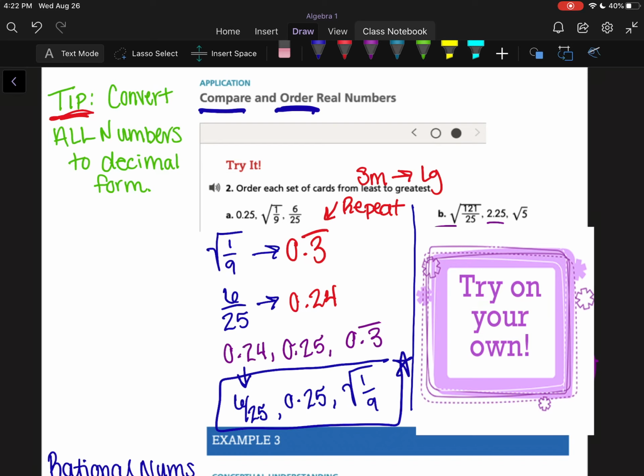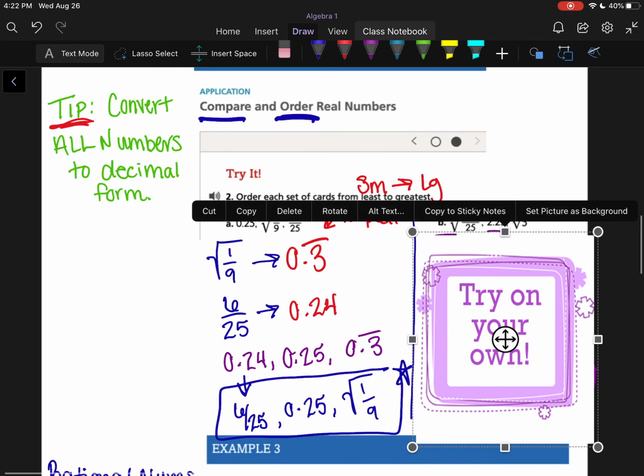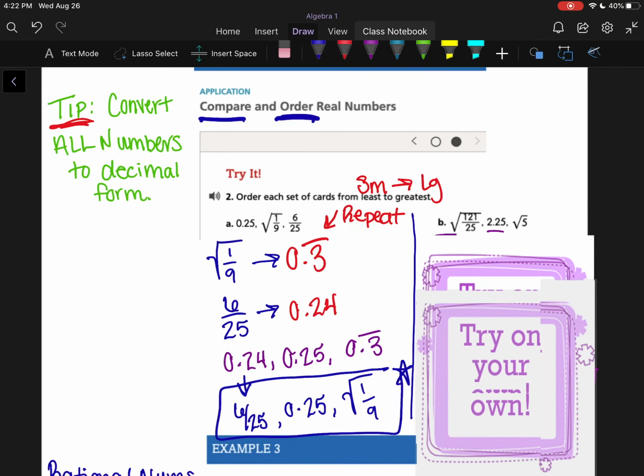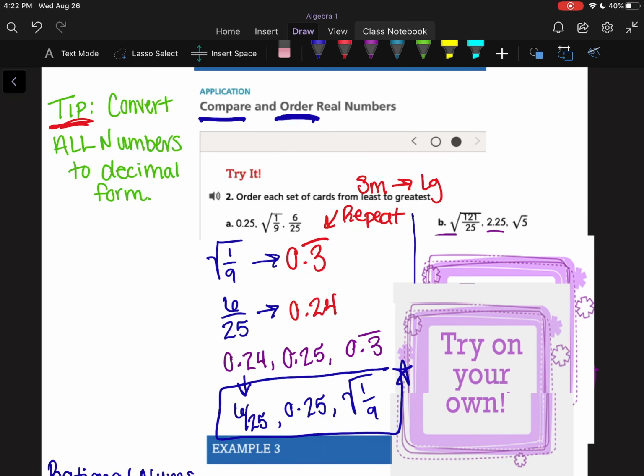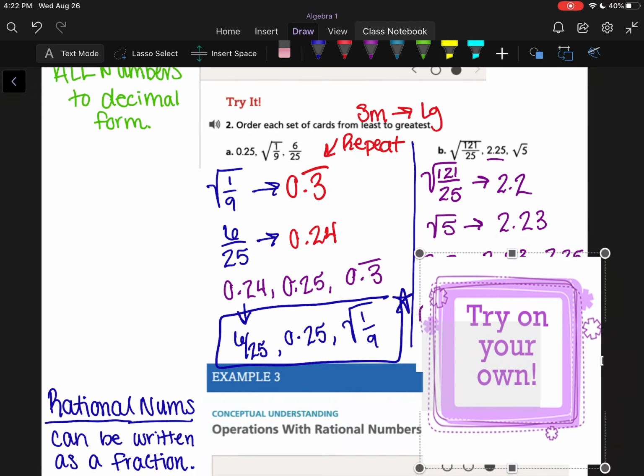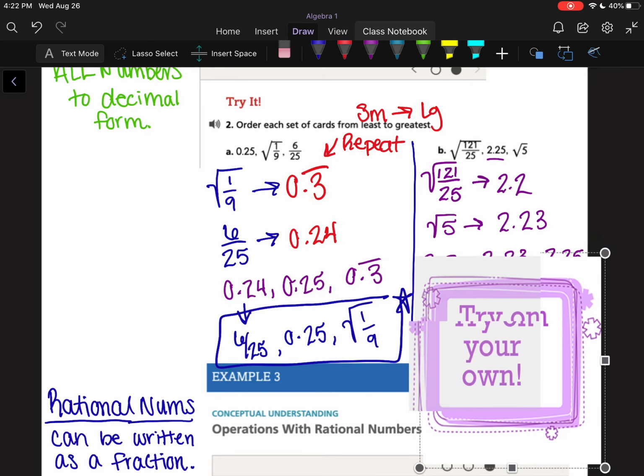Now that you're back, I'm going to move this image. And let's see how you converted these to a decimal. The square root of 121/25 is 2.2. The square root of 5 is 2.23. Let's see if you ordered them correctly.